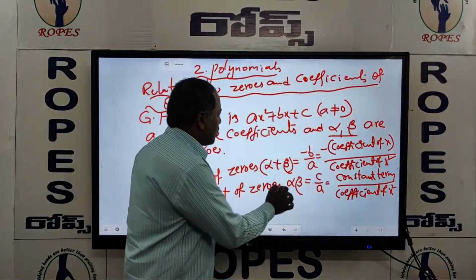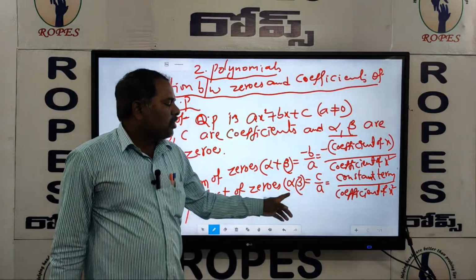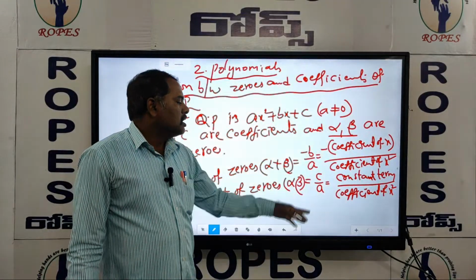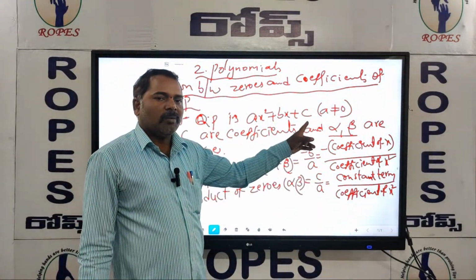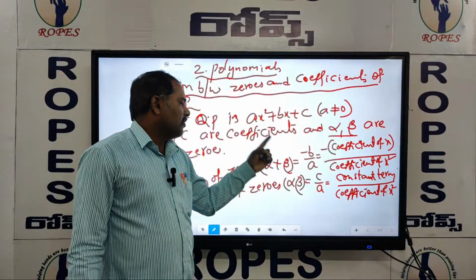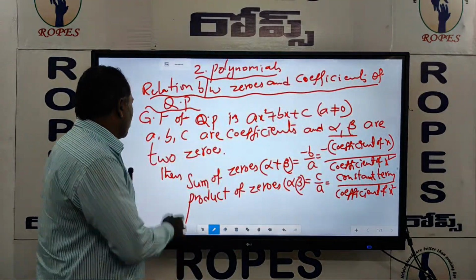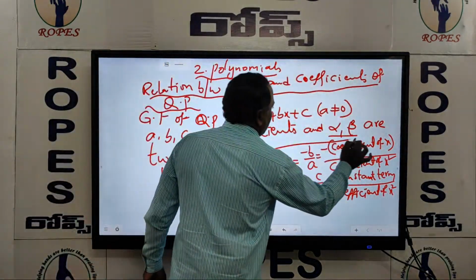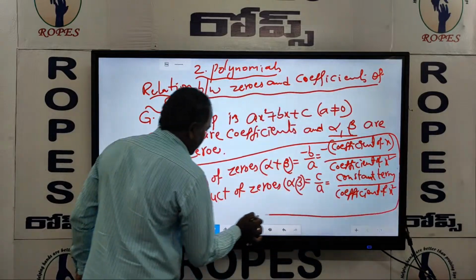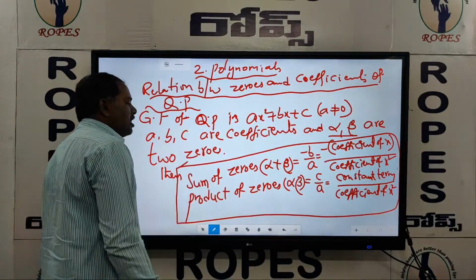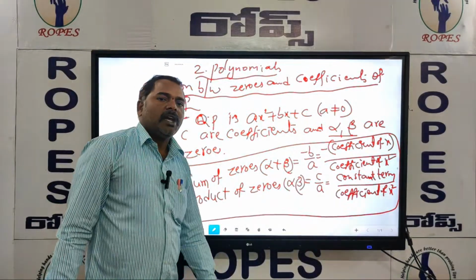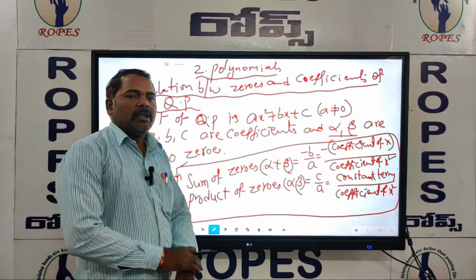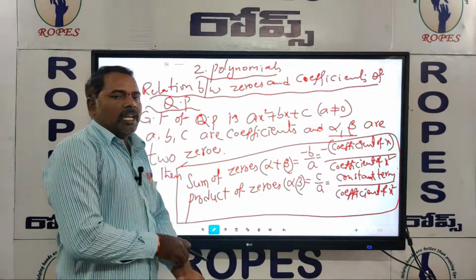And product of zeros alpha into beta is equal to c by a, where c is the constant term, by coefficient of x square. By using this formula we can find the relation between the zeros and coefficients of the quadratic polynomial.